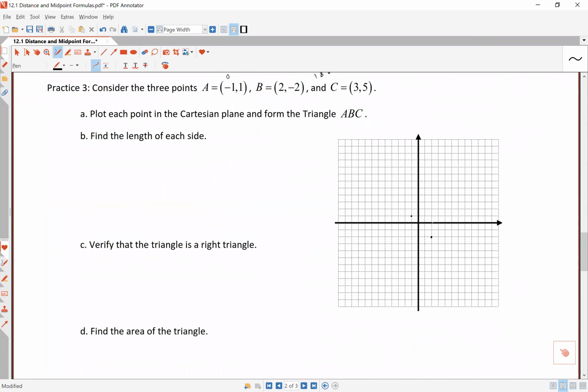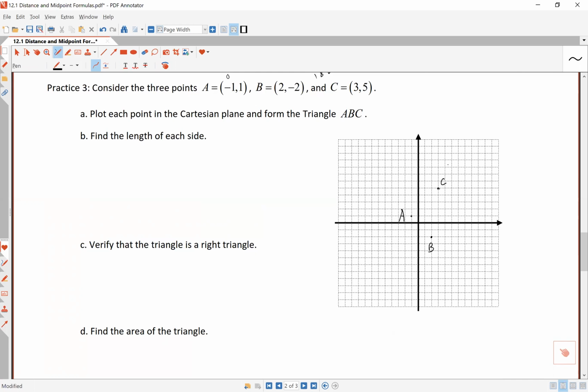And C, which is 3, 5. A, B, and C. Now we want to find the length of each side.